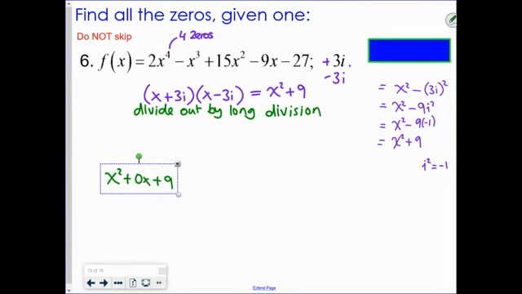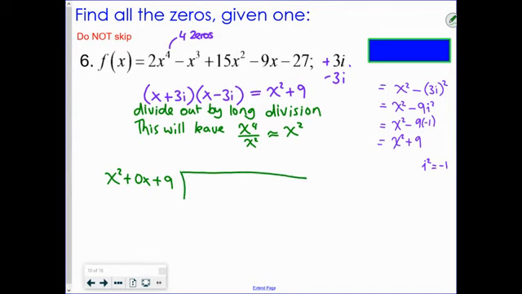This will leave something that's quadratic. We have something to do with x to the fourth, and we're dividing by something to do with x squared. We're going to have something to do with x squared, which I should be able to factor. So let's divide this out with long division.